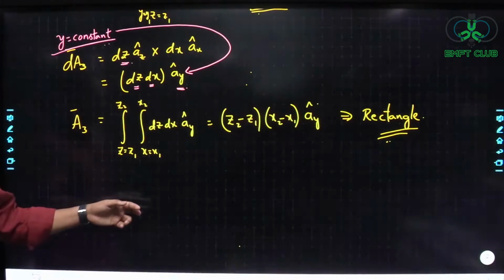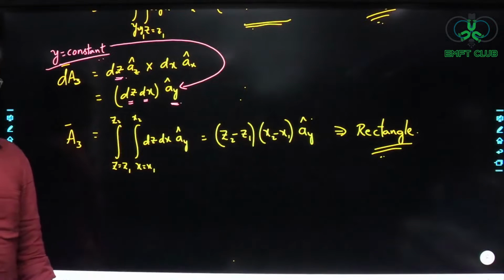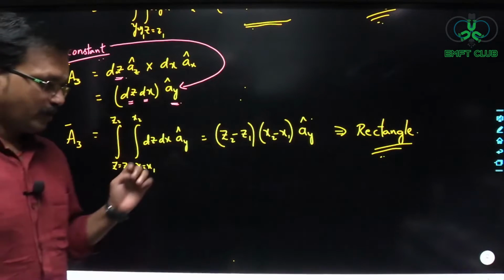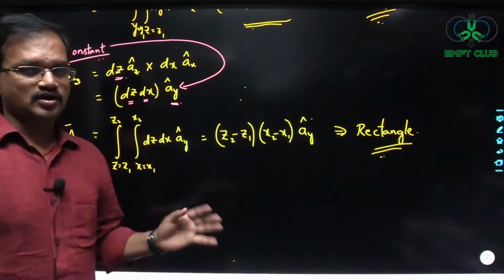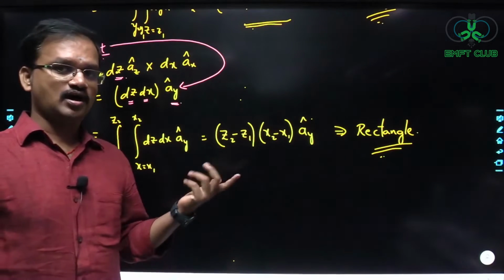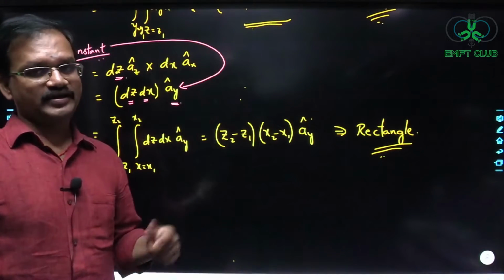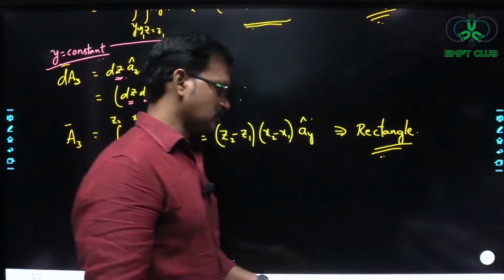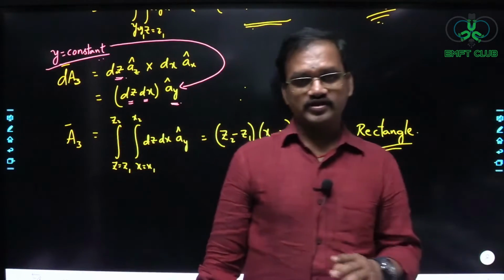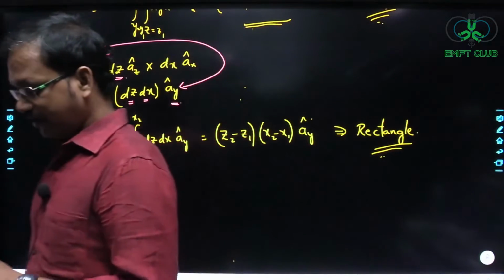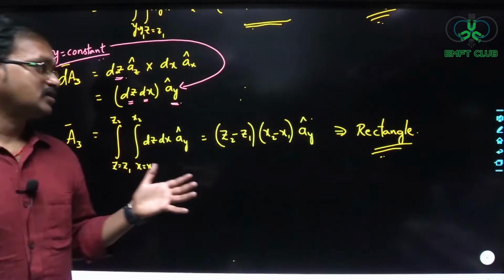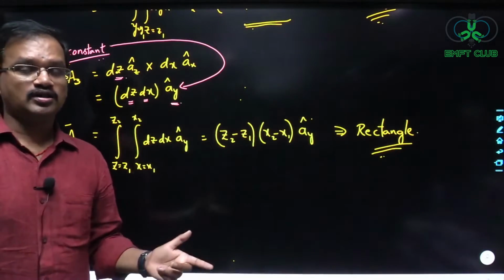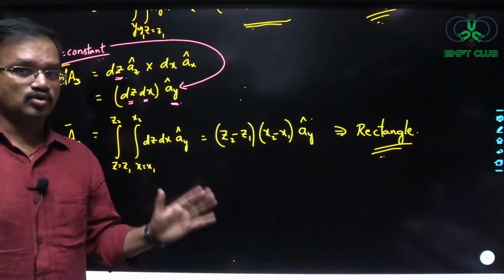So with the help of three differential lengths in the rectangular coordinate system, we can form three differential areas. All these three differential areas are nothing but rectangles only.